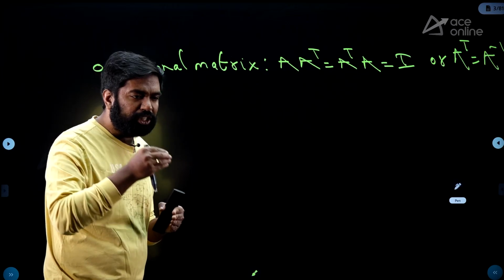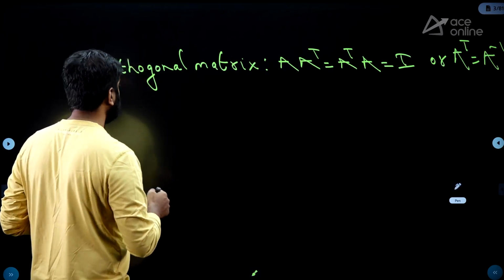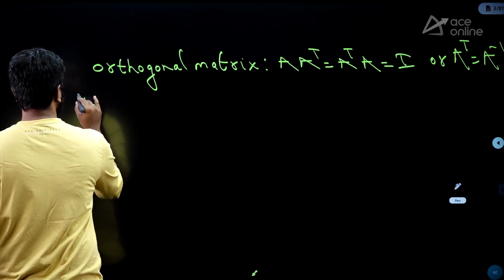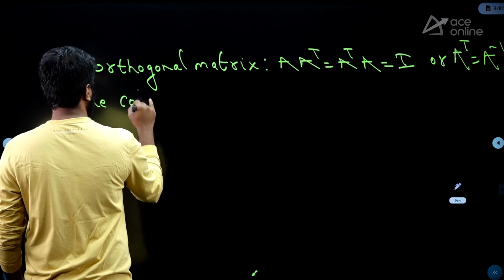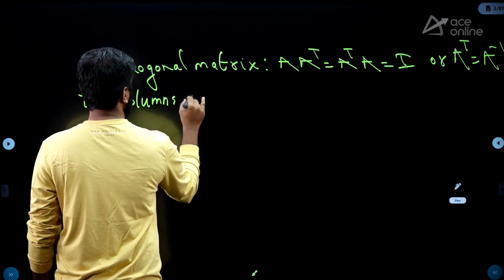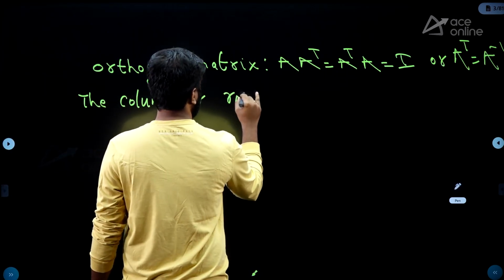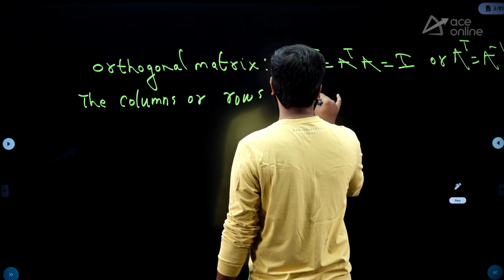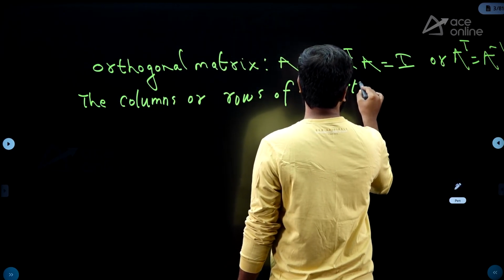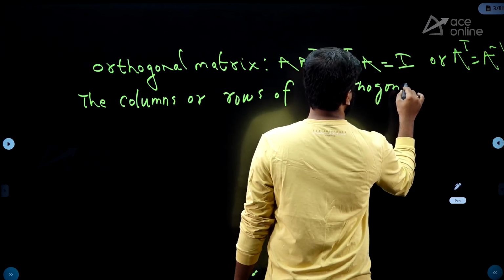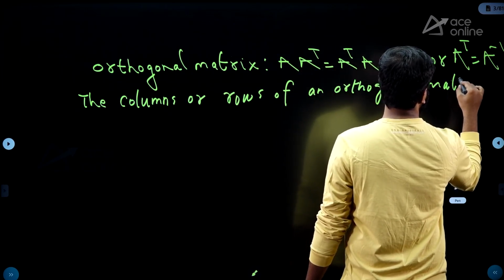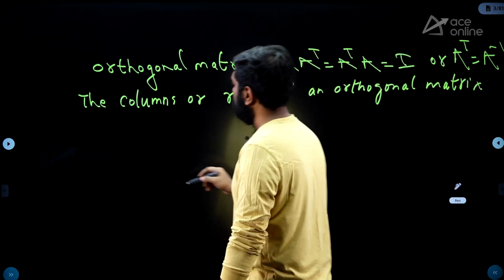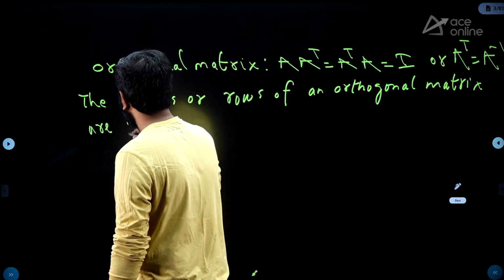In the exam, instantly you have to answer it. The columns or rows of an orthogonal matrix are perpendicular to each other.